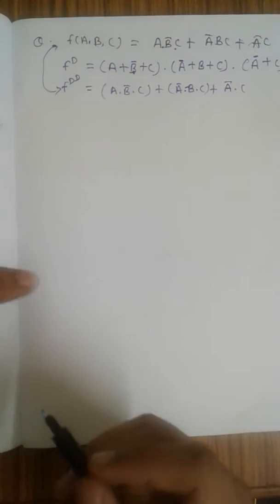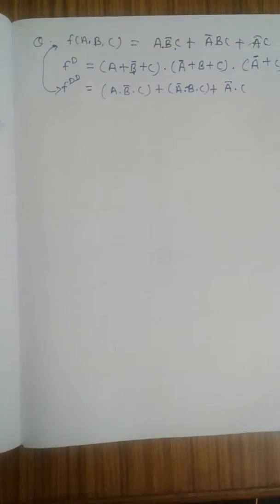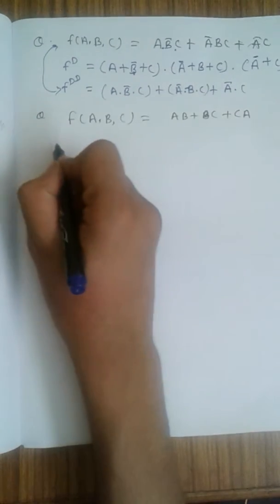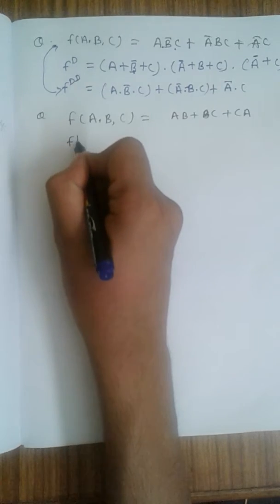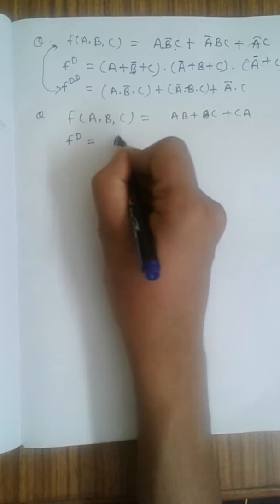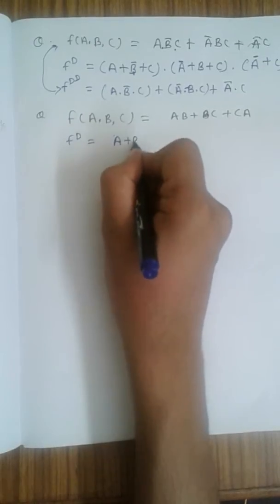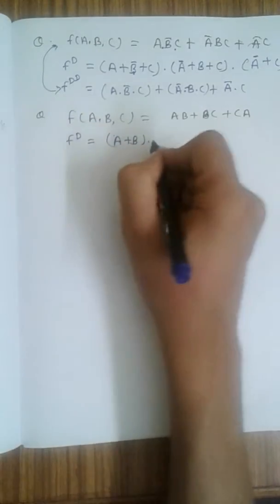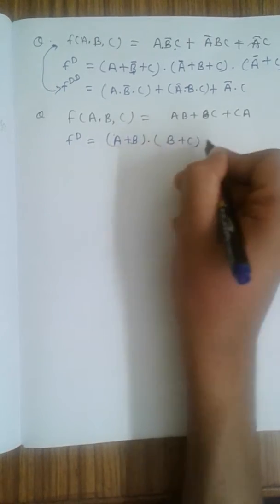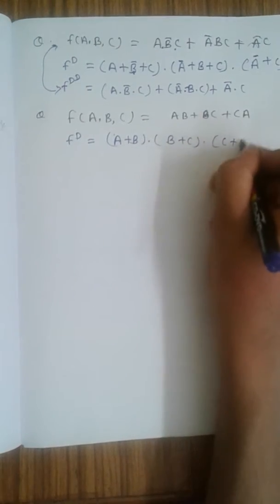So take another example. Guys, tell me what will be the dual of this one. Do it separately. So a plus b, dot, plus will be converted into dot. So b plus c, dot, c plus a.